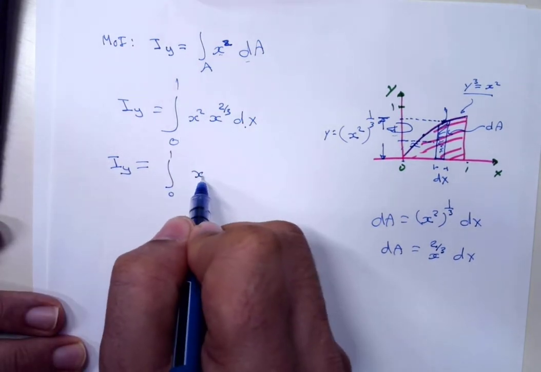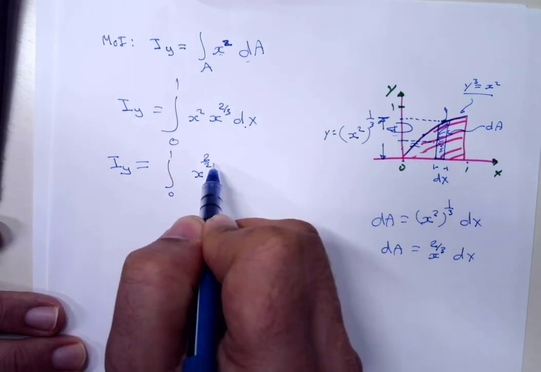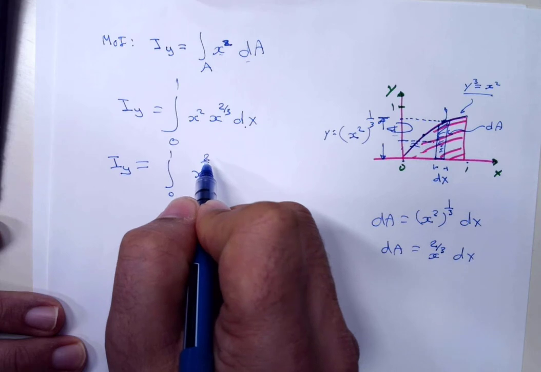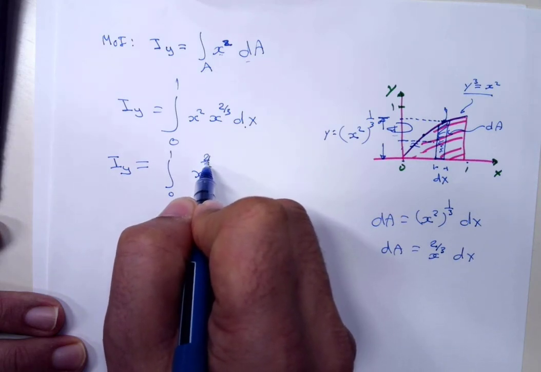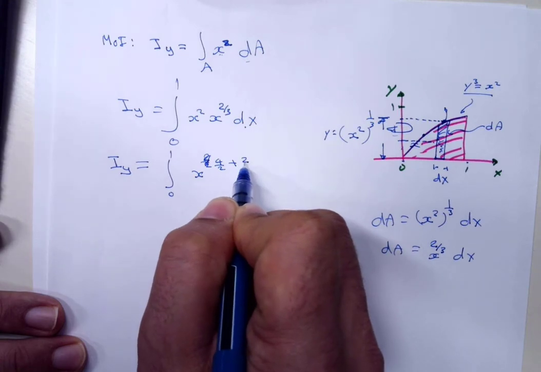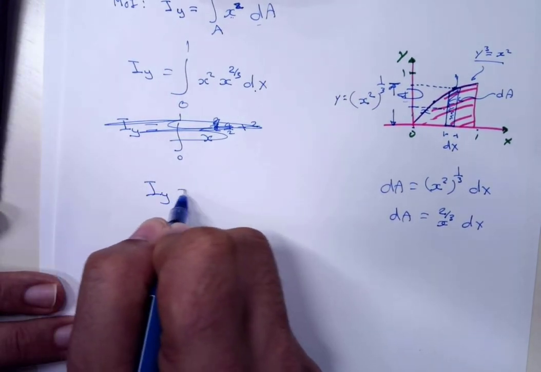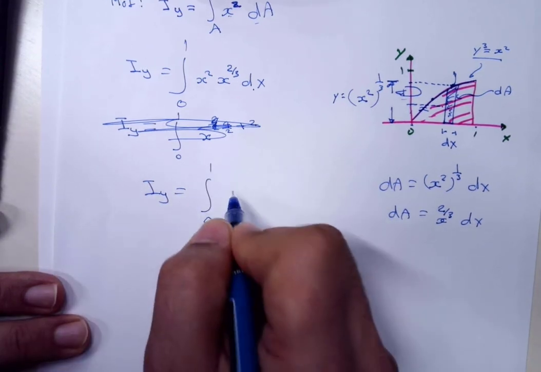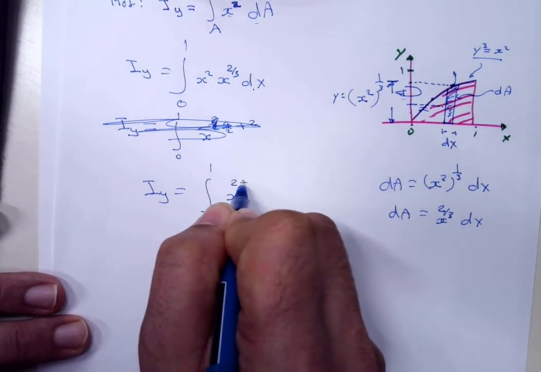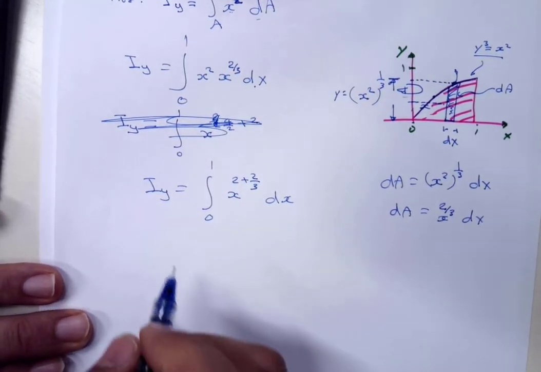Now this becomes addition, so 2 over 2, sorry, it's 4 over 2 plus 2 over, oops, I made a mistake. Try to be fast, but that's not a good idea. It's 2 plus 2 over 3 dx.